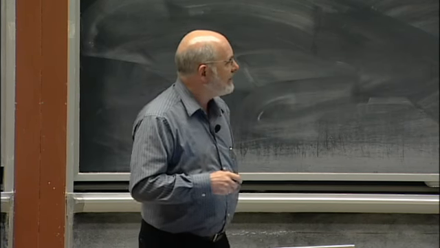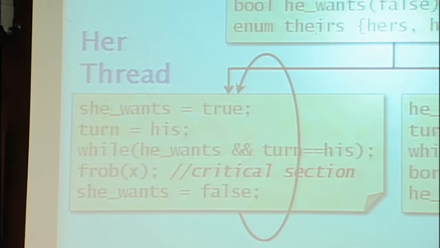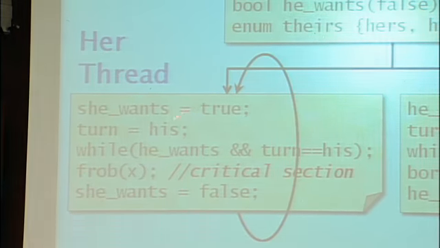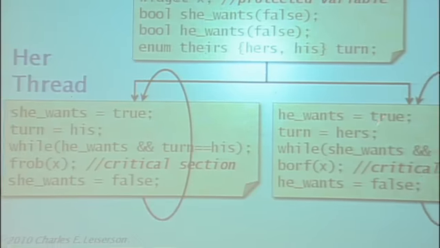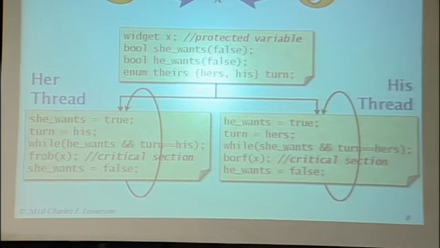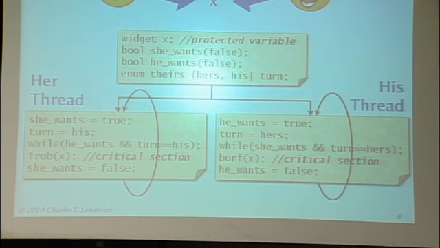But basically, what we're doing is we're making it so that it's not going to be the case that both she's setting that she wants it and the turn is his, okay? And then if there's a race where he wants it also, then that's going to preclude both of them from going into it at the same time.